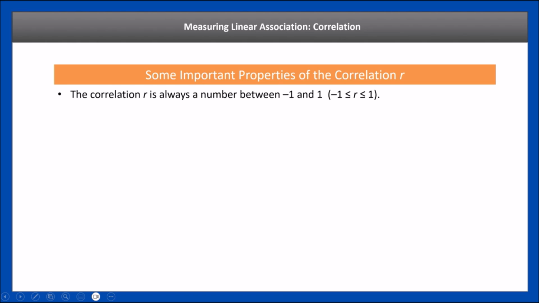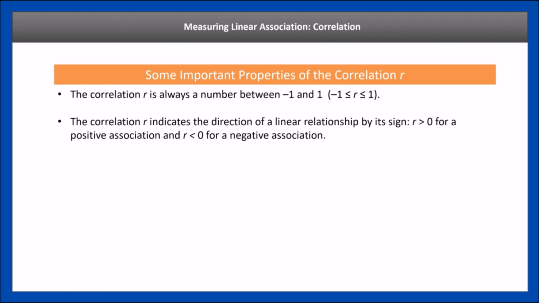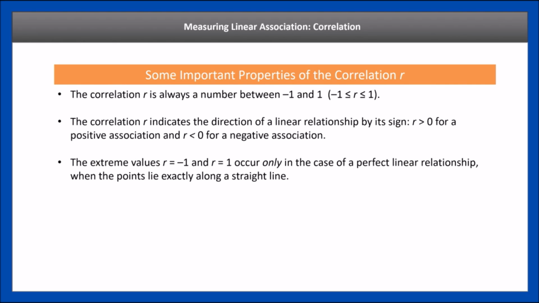Okay, some important properties of r. This is what I mentioned earlier: it's between -1 and 1. It indicates the direction. If it's positive, then it's a positive association. Negative is a negative association. The extreme values occur in perfect cases. Ideally, this will not happen because the points have to be on a perfect linear relationship in order for it to be exactly 1 or -1. This would be an example of r equals 1, perfect.